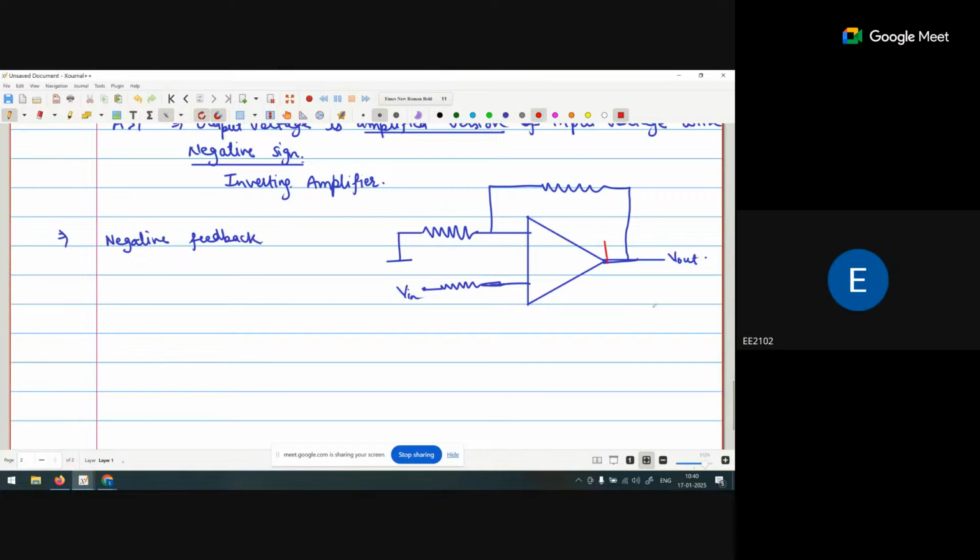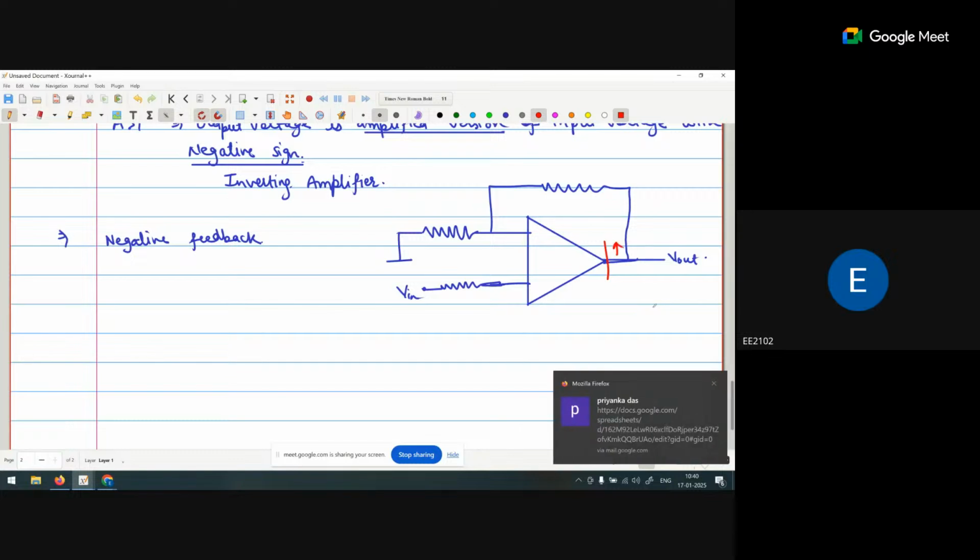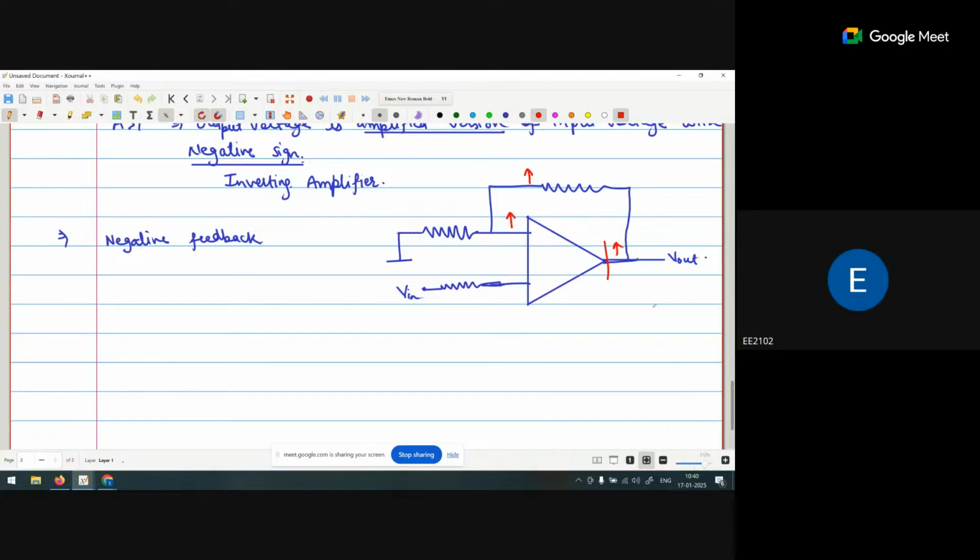Break the loop, increase the voltage. So the voltage that is increased will also be affected here. Now if I multiply with the minus sign, and multiply with the amplifier gain, we are getting the voltage in the negative direction. So this becomes negative, this becomes positive.